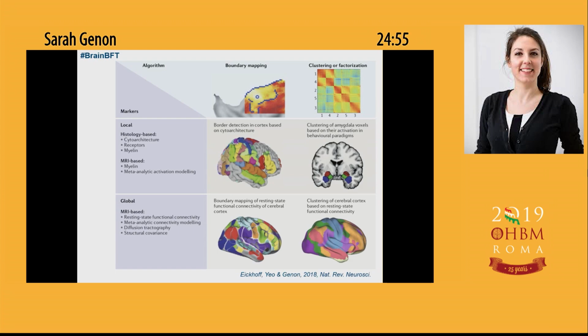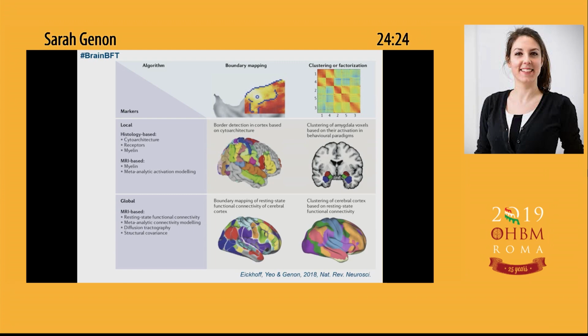We can also classify brain parcellation approaches based on the type of feature they look at, and a broad classification that we can propose is between parcellation approaches that look at local properties of the tissue, so properties that are expressed locally, such as cytoarchitecture, but also myelin, and also some properties that we can measure with MRI, such as the activation of the voxel across a range of different behavioral tasks.